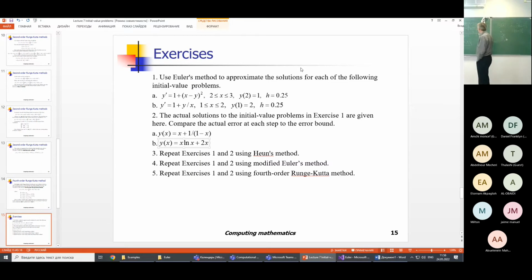What is the error at the first point? 0.02. What is the error at the second point? 0.05. And if you compute the next point, the error must be greater. So step by step, the error is increased.